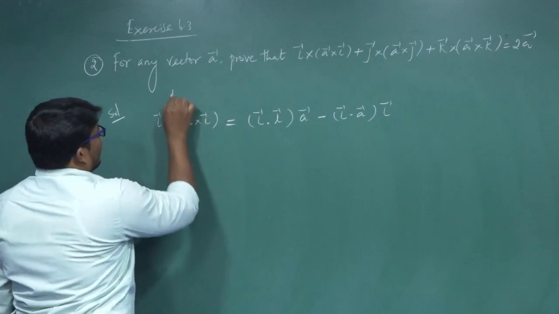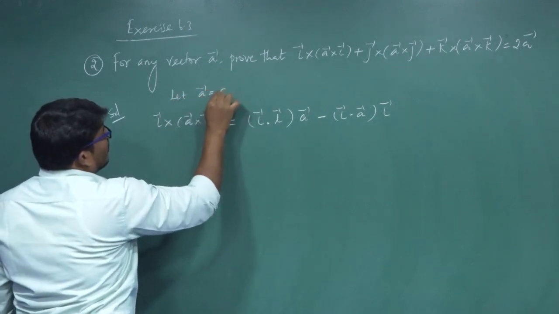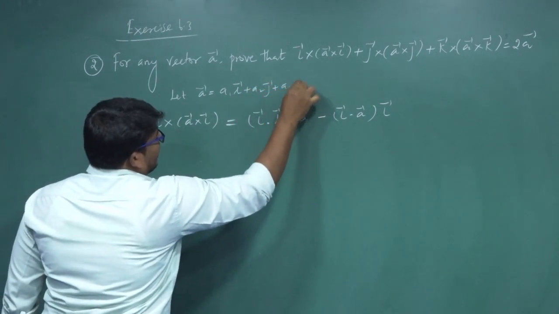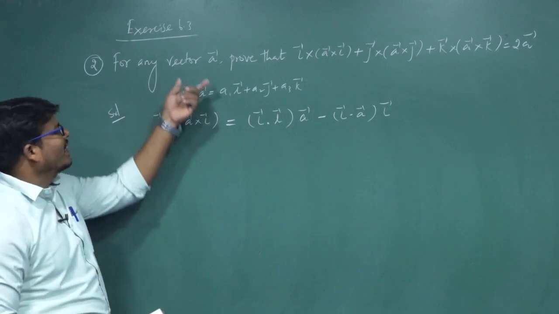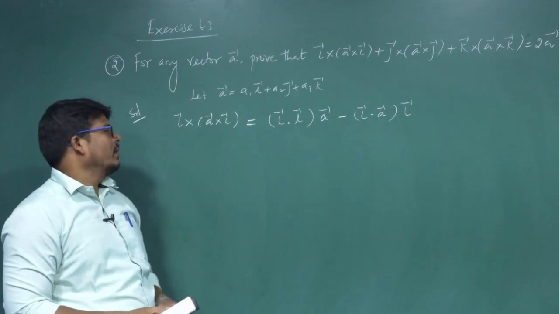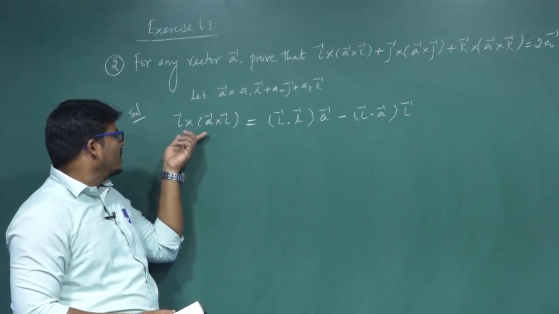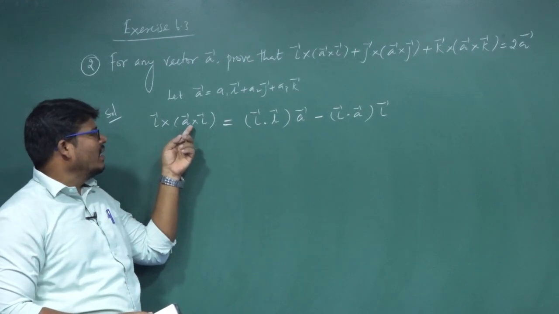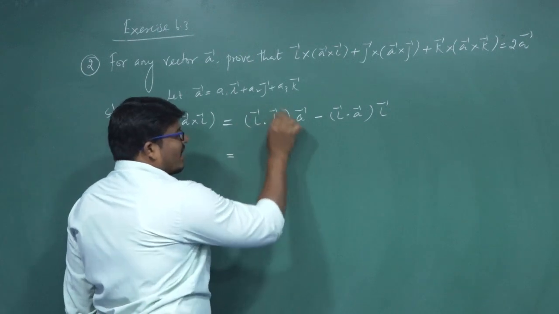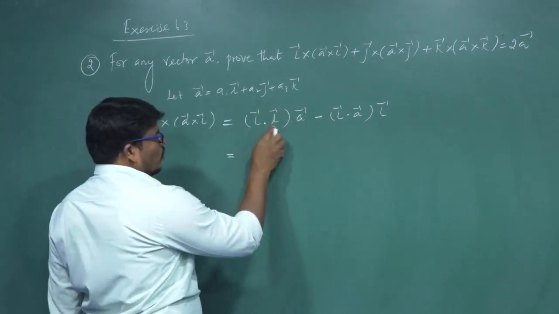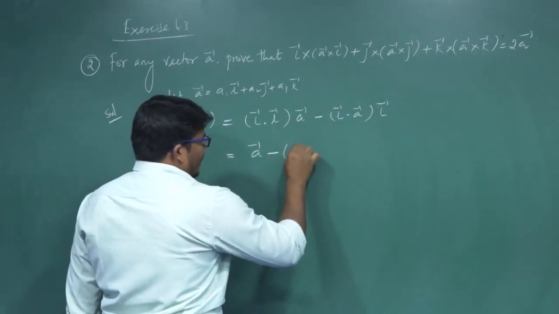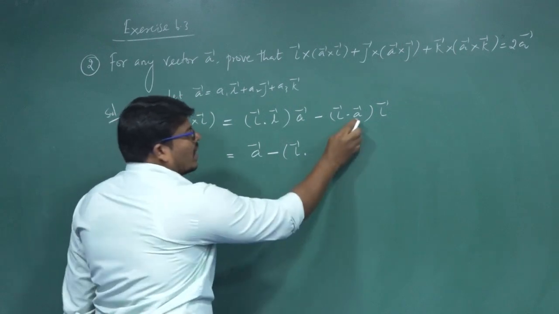For any vector A, let A vector equal A1 i vector plus A2 j vector plus A3 k vector. First, i vector cross A vector cross i vector equals i dot i, value 1, into A vector, minus i vector dot A vector into i vector.